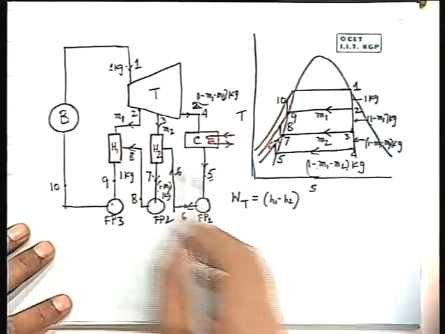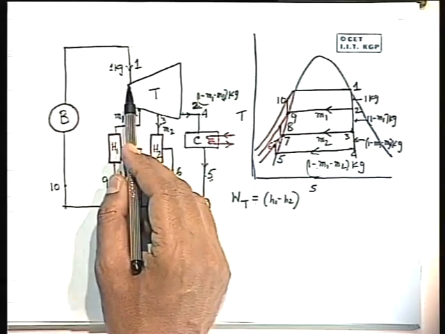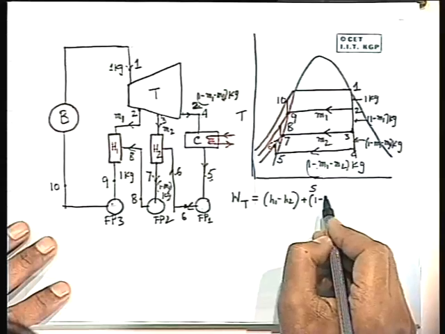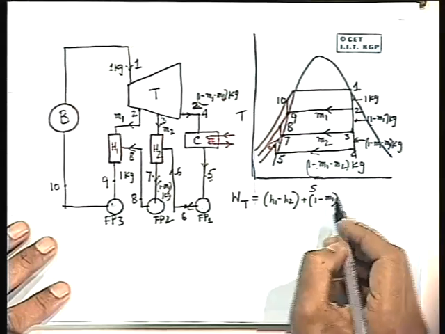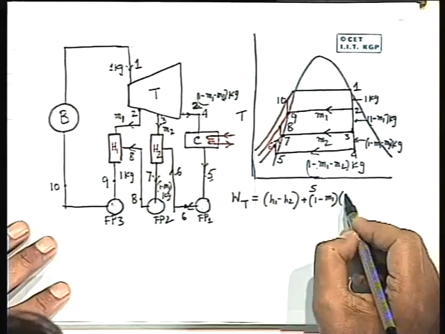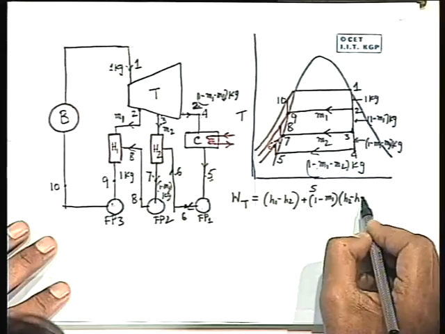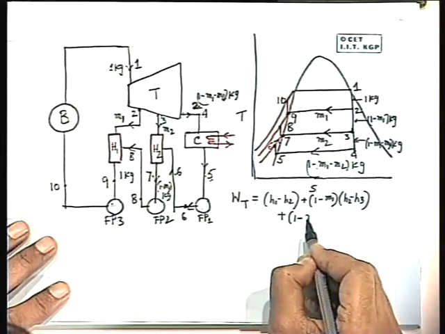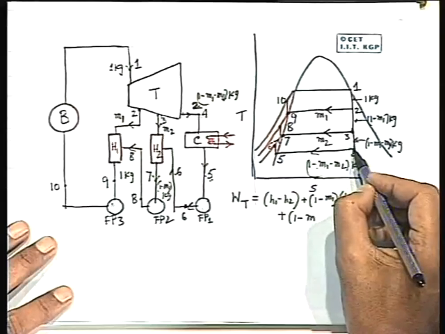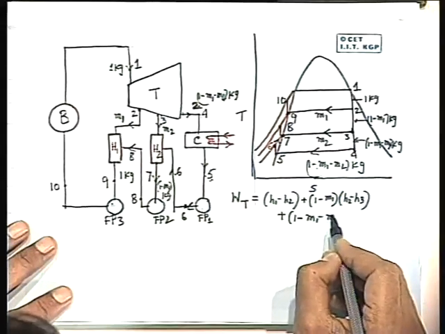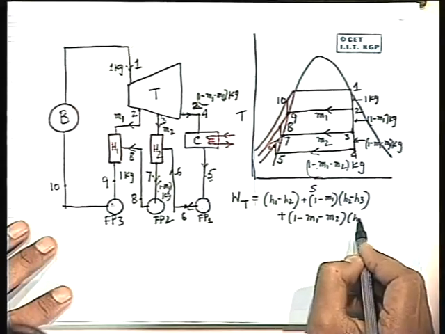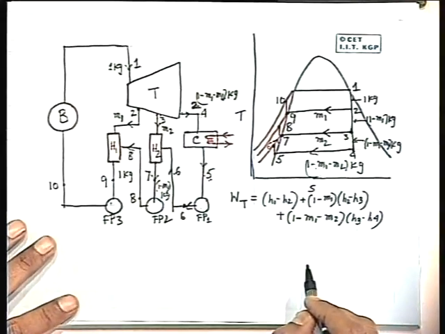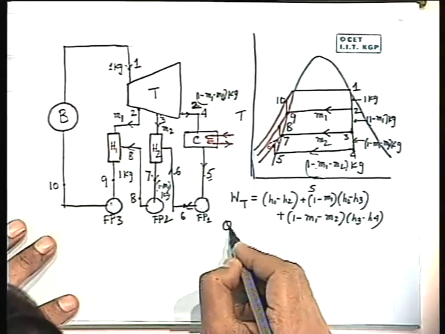So I am writing work per 1 kg of steam entering the turbine: H1 minus H2, plus 1 minus M1 into H2 minus H3, clear, plus 1 minus M1 minus M2 into H3 minus H4, because this part is associated with 1 minus M1 minus M2. Clear?